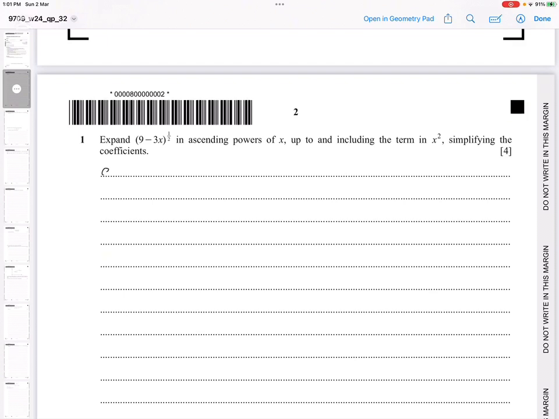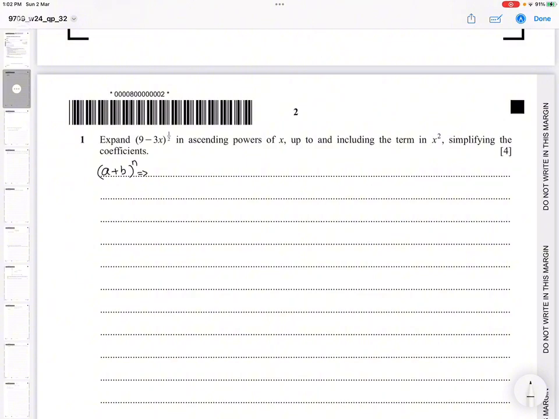Let me write that. (a plus b) whole power n. And if I open it, because he says including the term in x square, I will open just 4 terms.